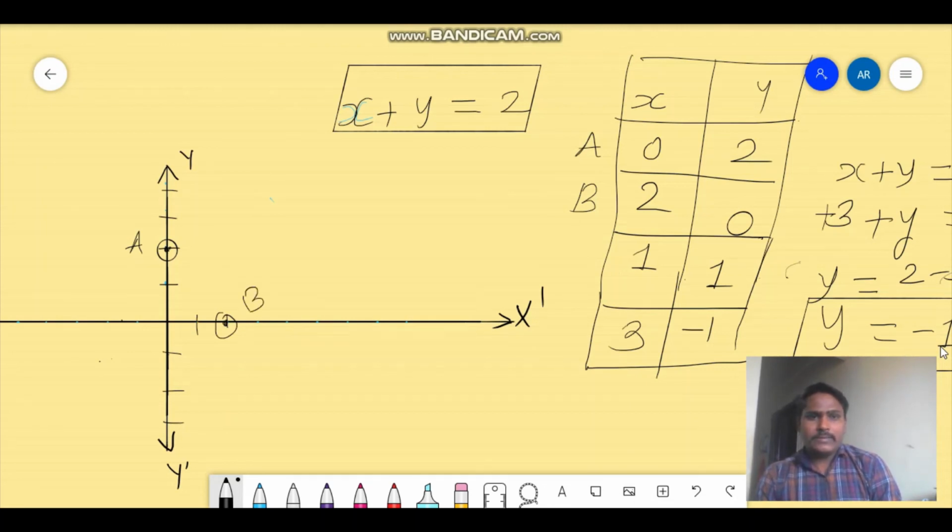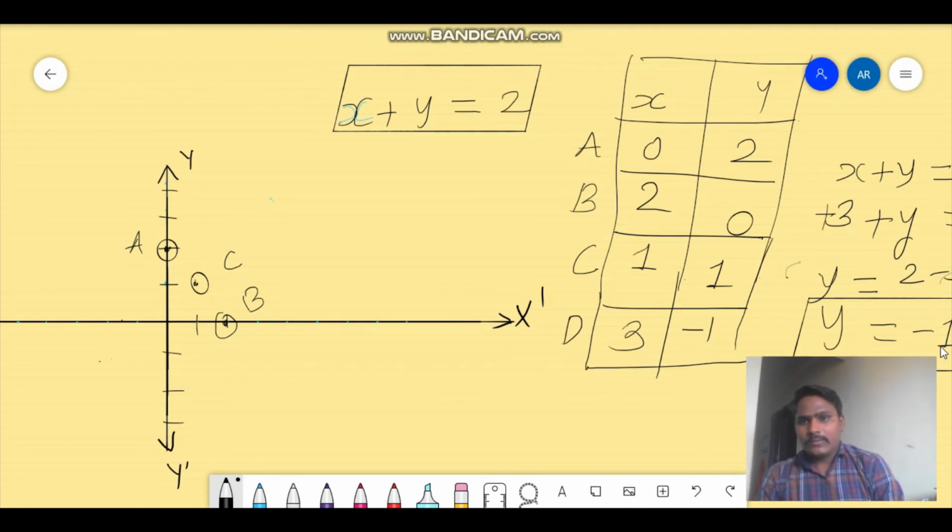Now the third point, that is (1, 1), which means x is equal to 1 and y is equal to 1. Let us name it C. So here x is equal to 1 and y is also 1, so this point is nothing but C. And then there is the fourth point, that is D, (3, minus 1), which means x is equal to 3 and y is equal to minus 1.